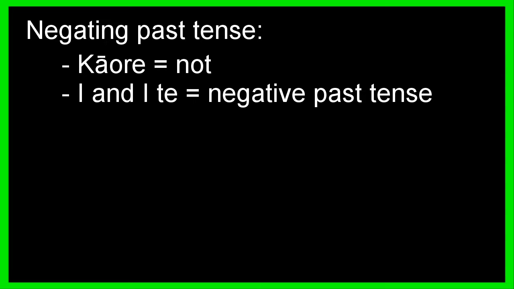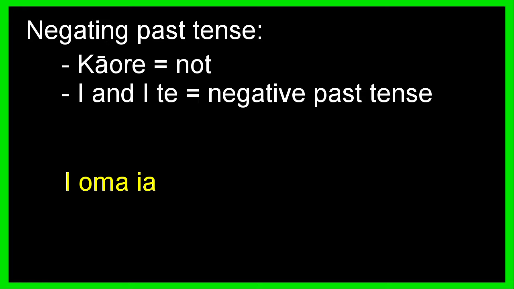For negating past tense, we learned the negative word to use is kaore, meaning not. I and i te are the tenses for both the active and the negative sentence pattern, as in the example.